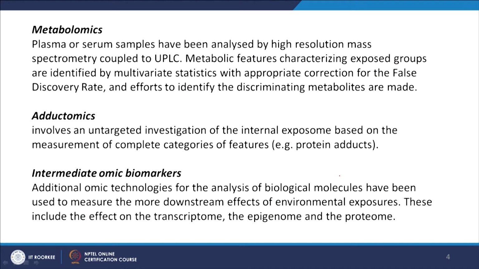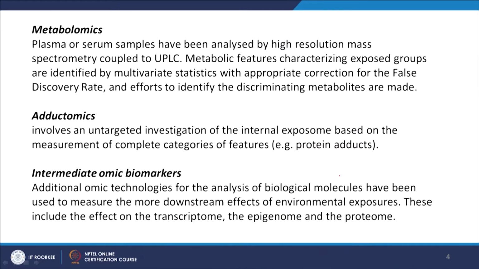Now, what are the different techniques that we use when we are trying to understand the effect on the internal exposome, the internal microbiome or internal community and internal environment, when we are exposed to different things? We can do metabolomics, which is what the Piscina study did. We can do adductomics, we can do intermediate omic biomarkers.